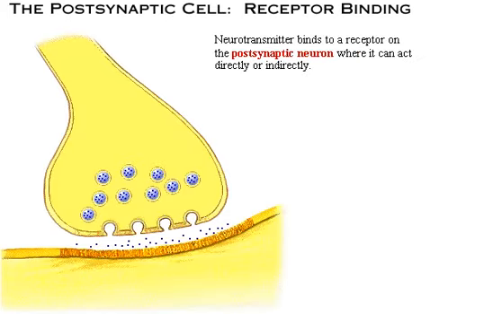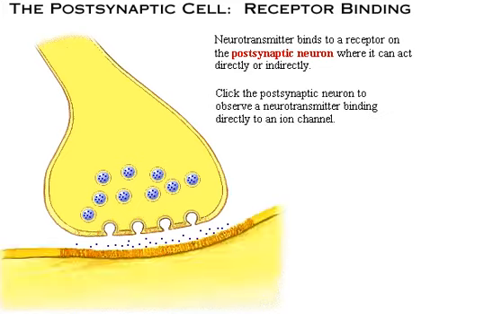Neurotransmitter binds to a receptor on the postsynaptic neuron where it can act directly or indirectly. Click the postsynaptic neuron to observe a neurotransmitter binding directly to an ion channel.